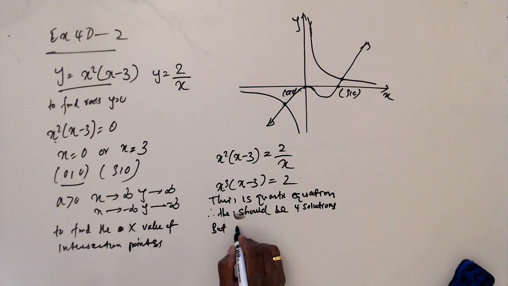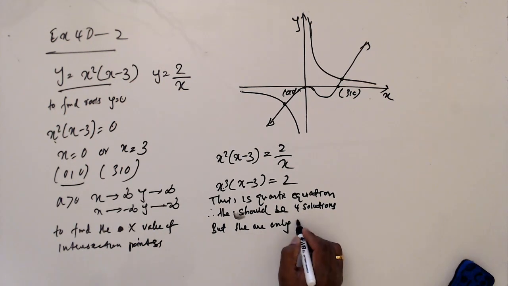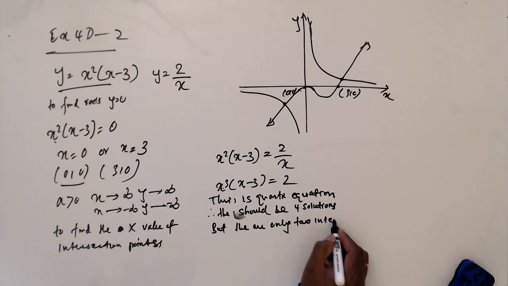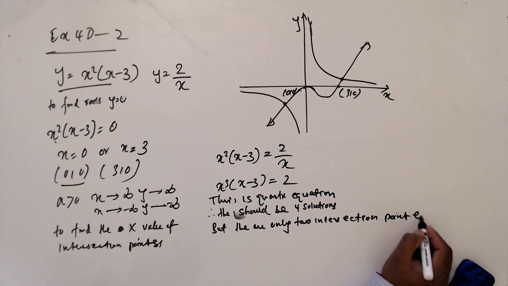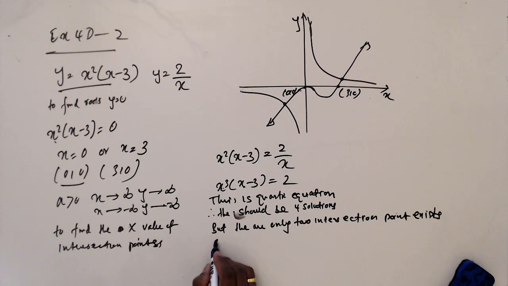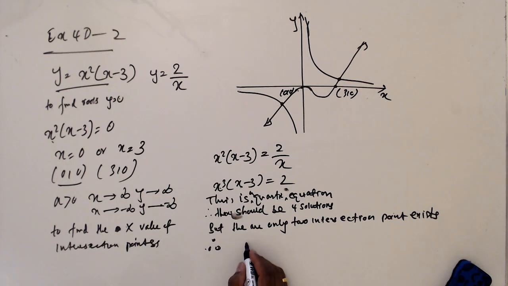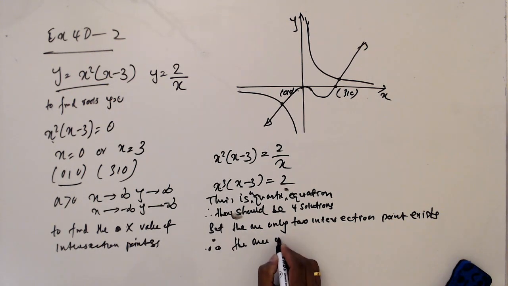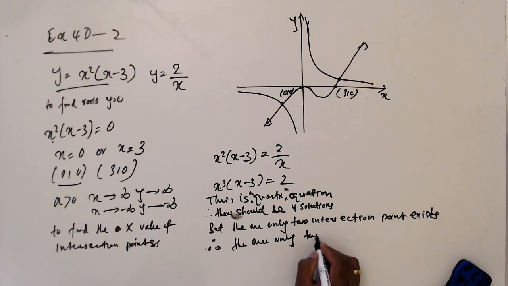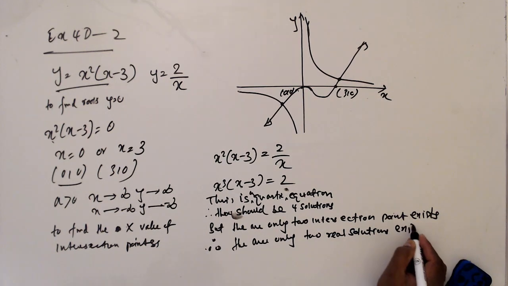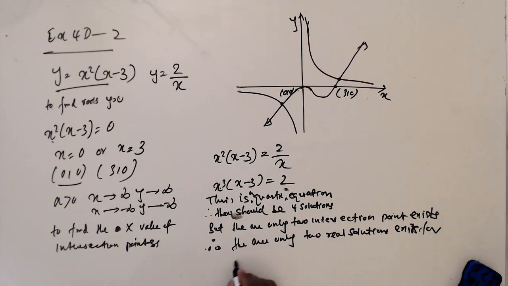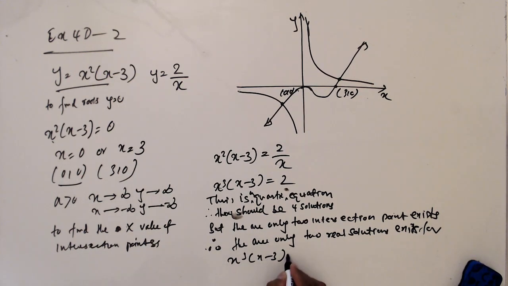But there are only two intersection points. Hence, there are only two real solutions for x cubed times (x minus 3) equals 2.